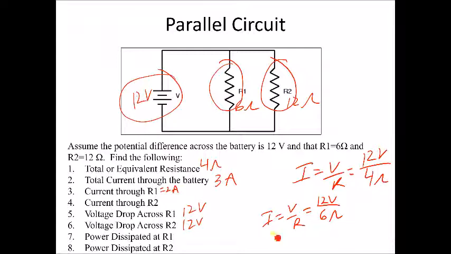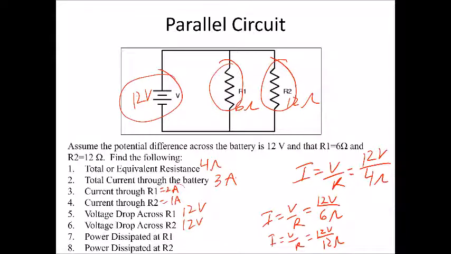At resistor 2, same relationship, I equals V over R. The voltage drop is 12 volts, but at resistor 2, the resistance is 12 ohms, which means the current going through resistor 2 is 1 amp. Notice that those 2 currents have to add together to be the total current coming out of the battery.